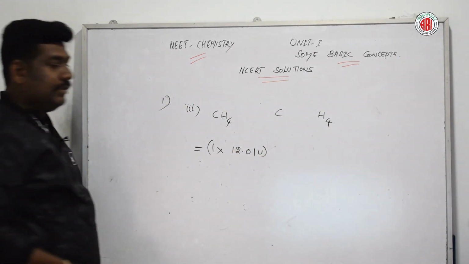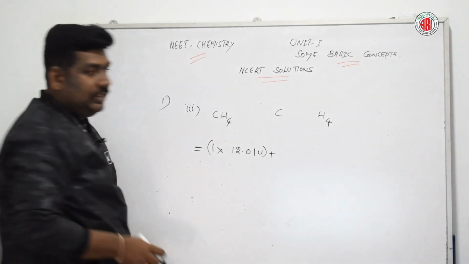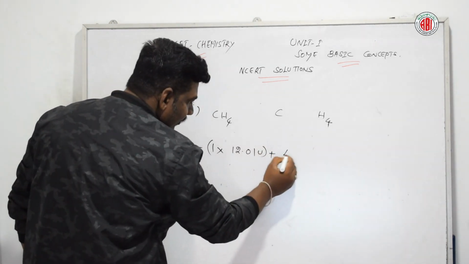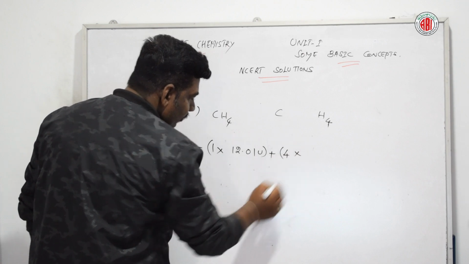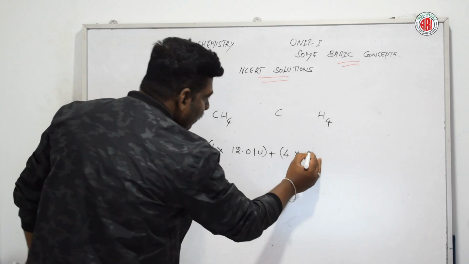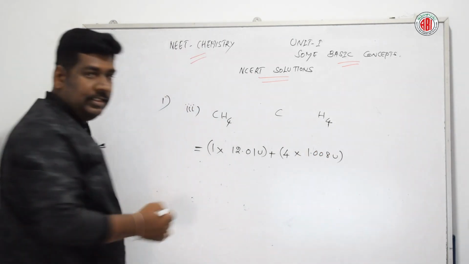atomic mass units. Similarly for hydrogen, which we discussed in the previous one, the number of hydrogen atoms is 4. So 4 into the atomic mass of hydrogen, that is 1.008 atomic mass units.